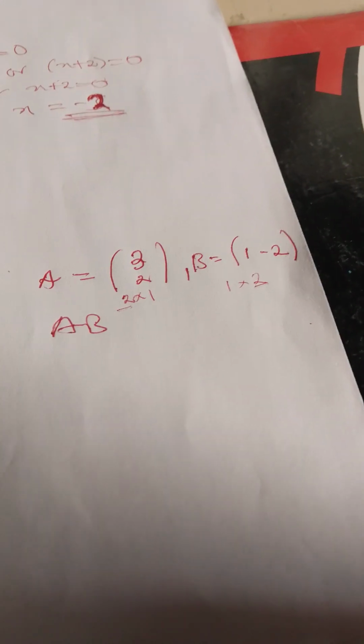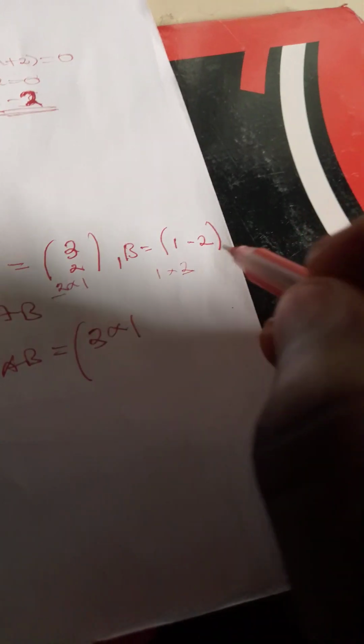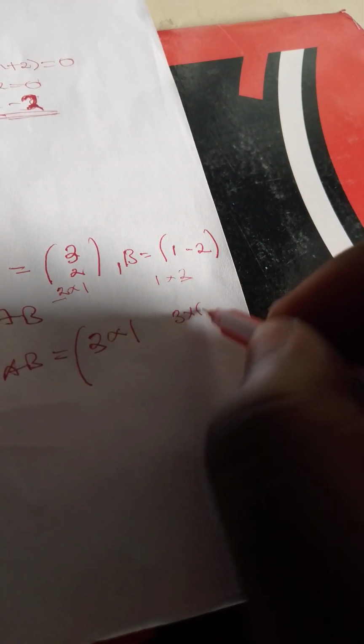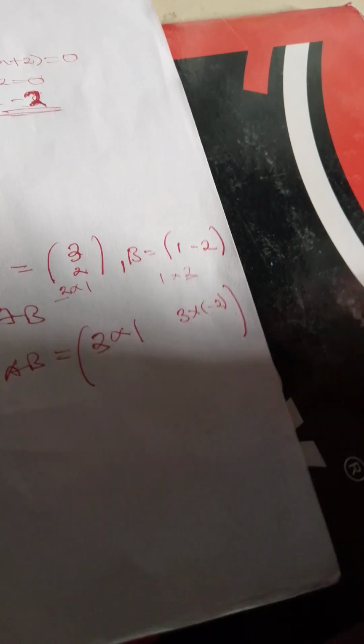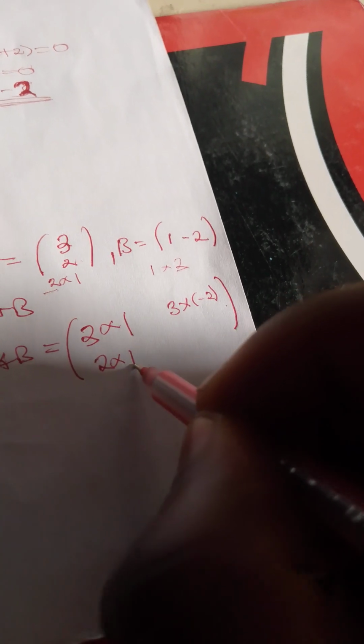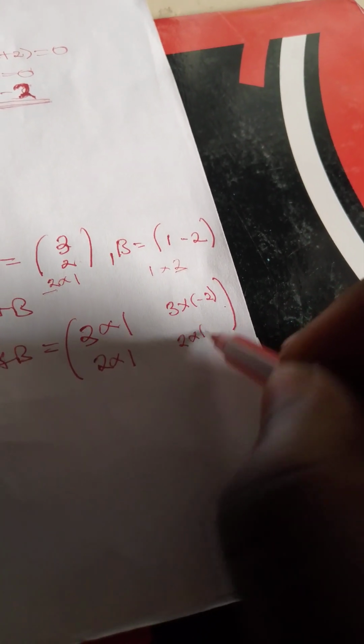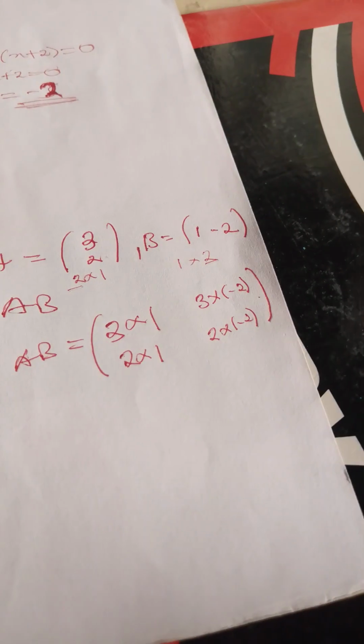So AB is equals to 3 times 1, then 3 times -2, close like that, then 2 times 1, then 2 times negative 2.